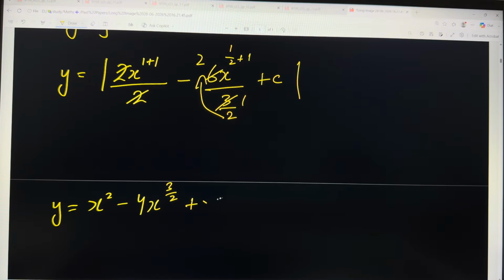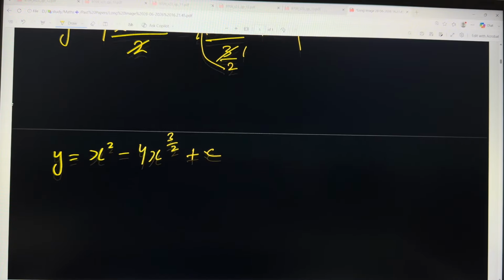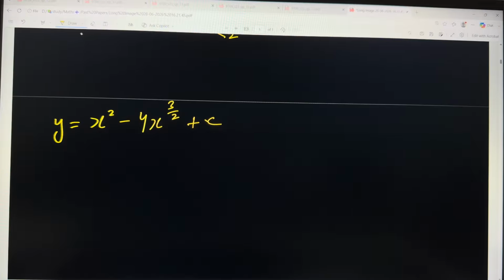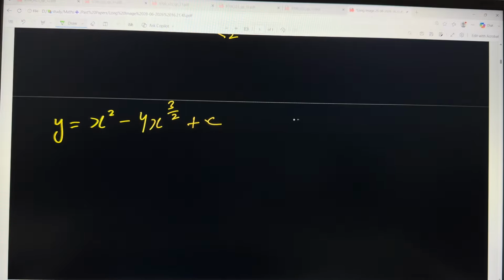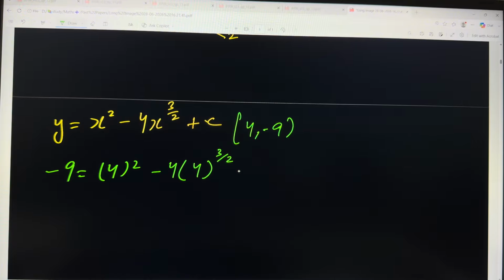Now we want the constant c, so we will substitute the point, which is 4 and -9. So -9 is equal to 4 squared minus 4 times 4^(3/2), plus c.